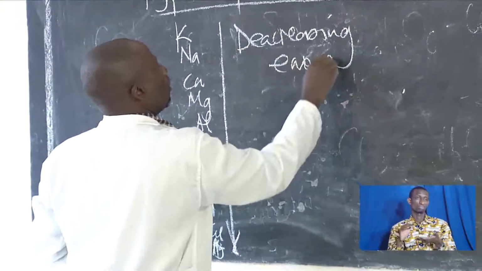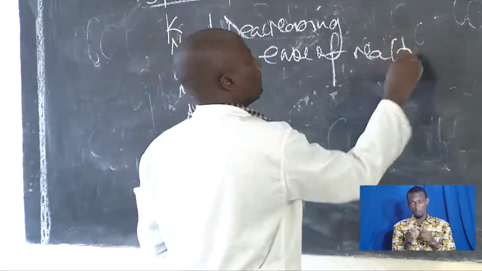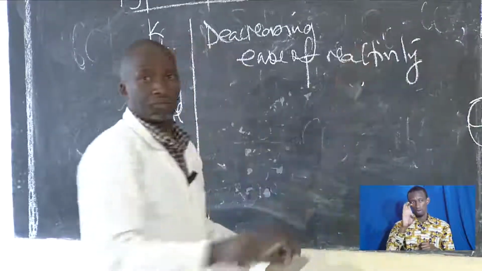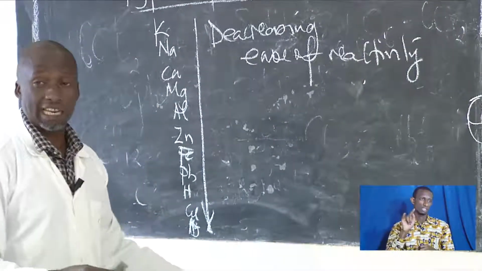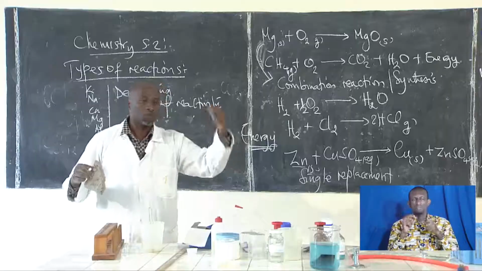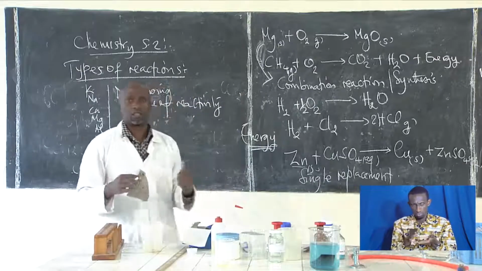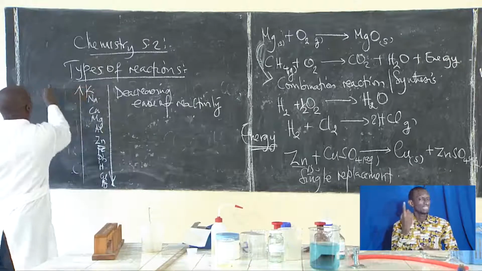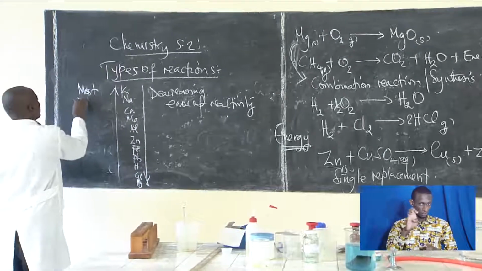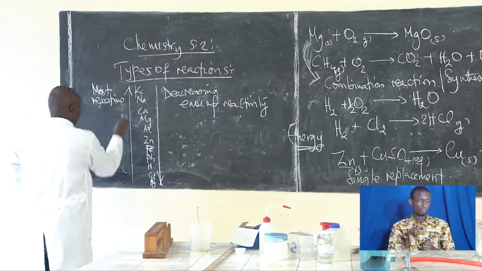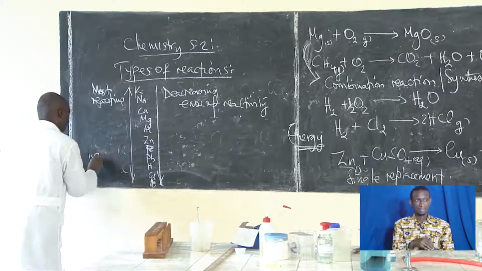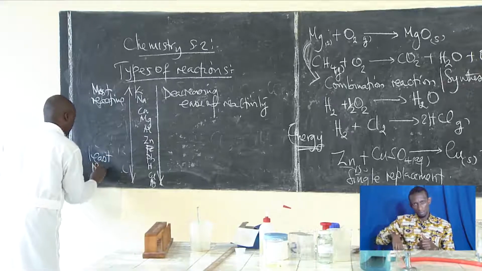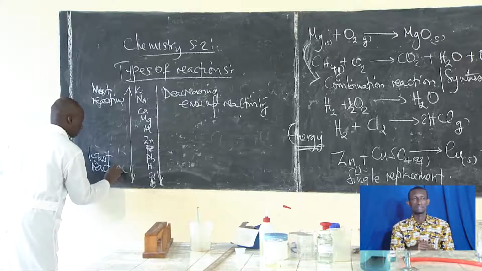This is showing decreasing order of reactivity. What does it mean? It means that as you move down, the reactivity of these elements decreases. So this is the most reactive, and this is the least reactive.